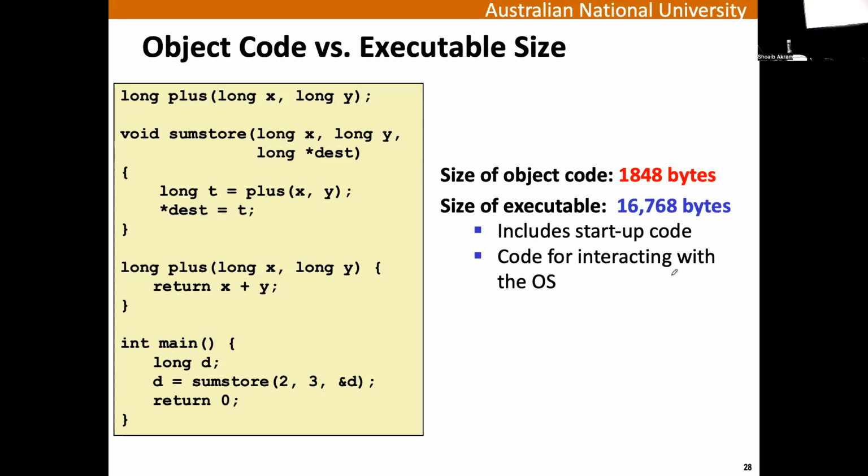I'm not even including any libraries. I'm not even using the C library. I'm not even using printf, right? So our applications need a lot more than this code to run.